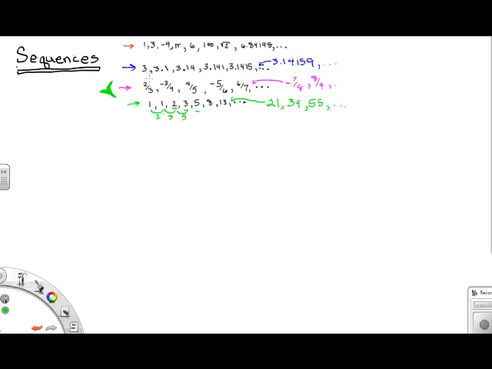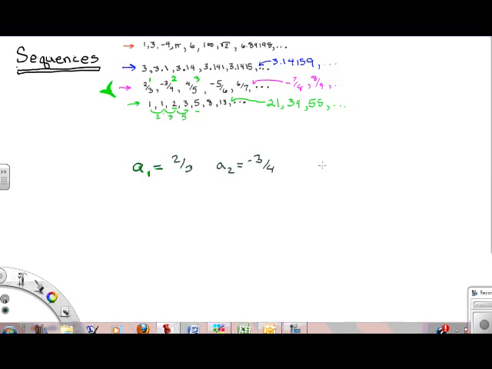Well, if we call this the first term here, and this other one the second term, and this one the third term, we can describe this sequence by A1 equaling 2/3, A2 equaling negative 3/4, and so on. So the question is, what would AN be in that case?